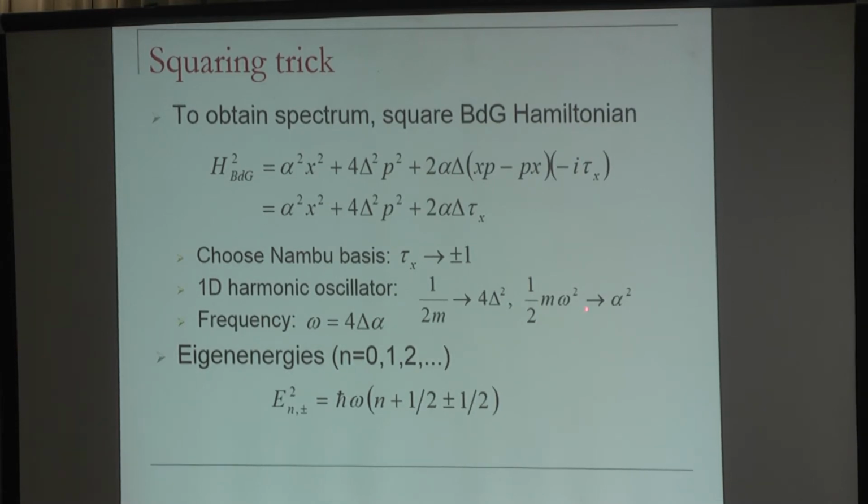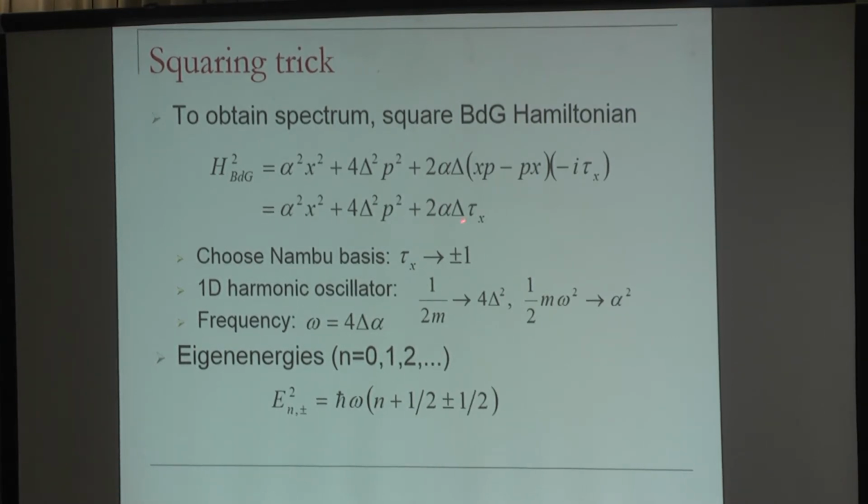And the frequency then follows by setting 1/2 m omega squared equal to this prefactor alpha squared. For this case, we can read off the frequency: you just multiply this by this, so omega squared will be this times this, and you can read off the frequency of this oscillator. And we of course know the eigenenergies of the harmonic oscillator, h bar omega times n plus 1/2.